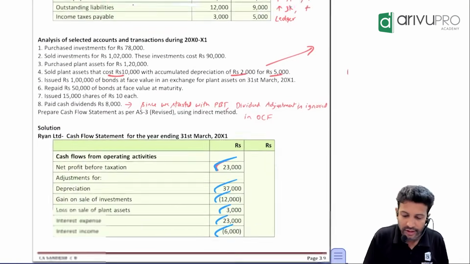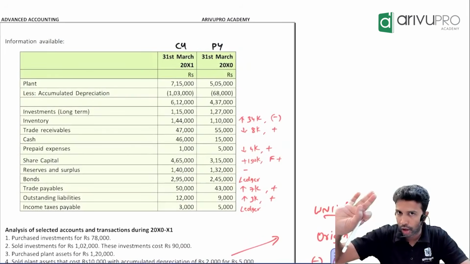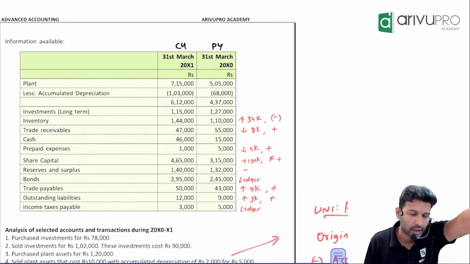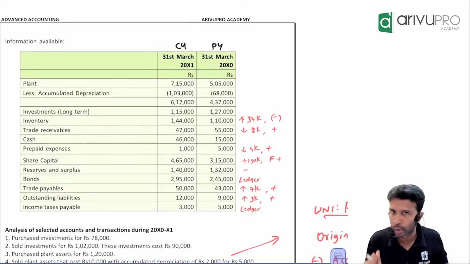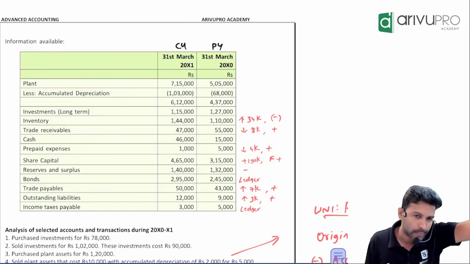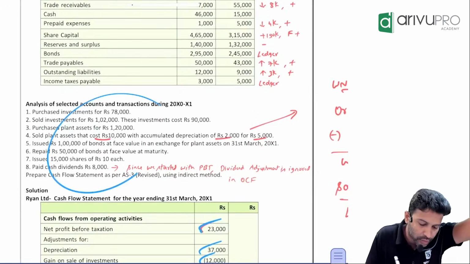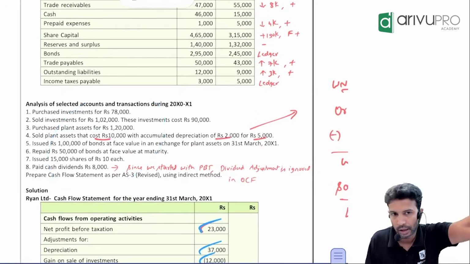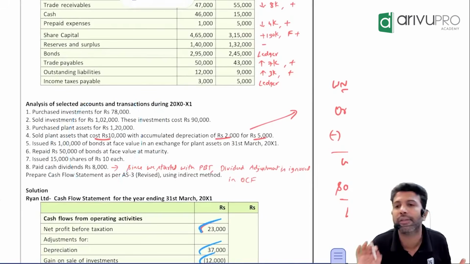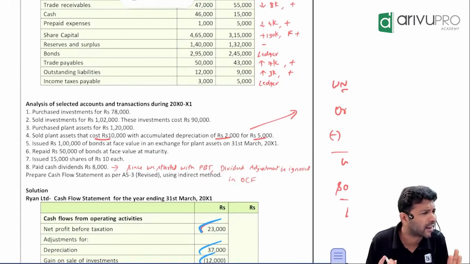Let's move on to the next statement. As I told, especially in these bigger problems, when you're doing the indirect method, how I feel you should approach the question is, usually they'll give you P&L, they'll give you the balance sheet, and they'll also give you some additional information. What you have to do first is quickly review the additional information. No need for detail, just a quick revision.